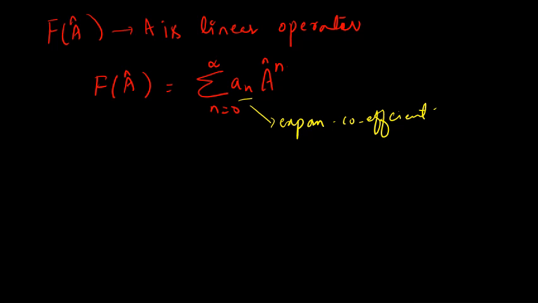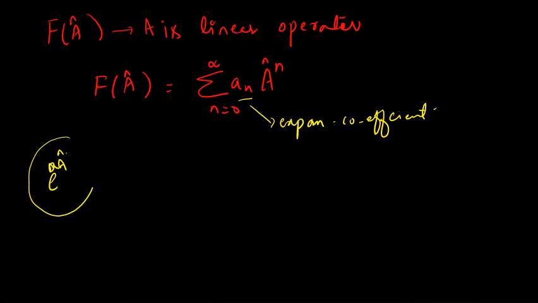Now, for an illustration of a function operator, let's suppose we have a function operator e^(aA). Here a is just a scalar, and this can be complex or real. So now here A is a linear operator. How can we expand this e^(aA)?